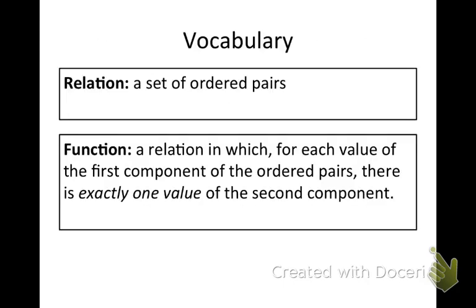The definition: for each value of the first component of the ordered pairs, there's exactly one value of the second component. Right, so it's only getting paired with one value of the second.